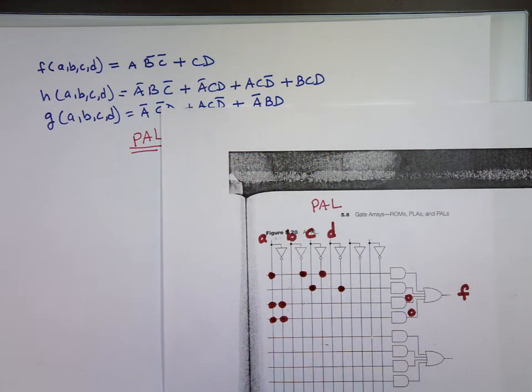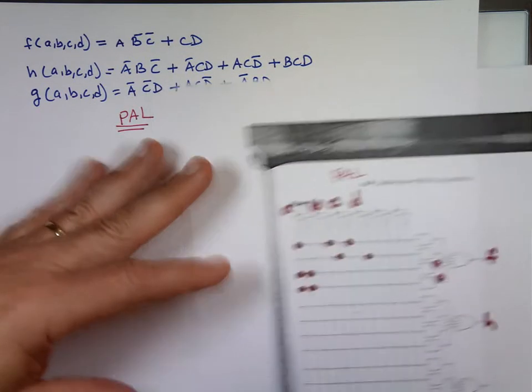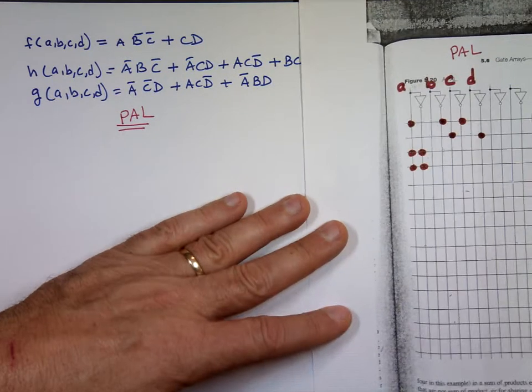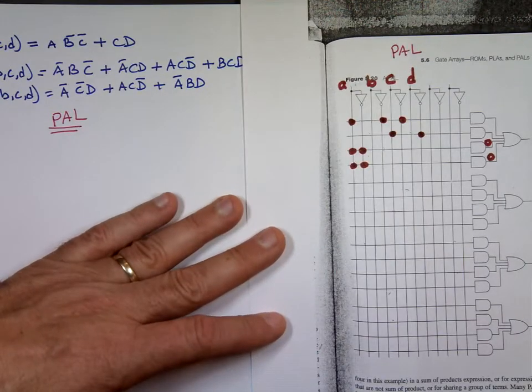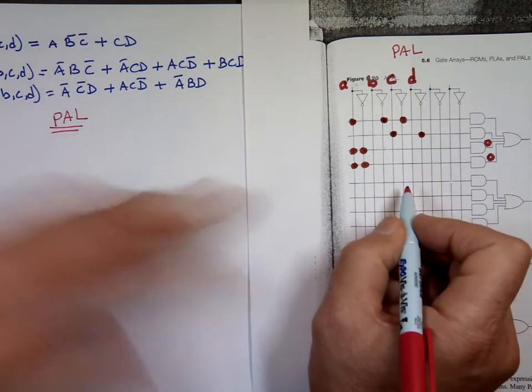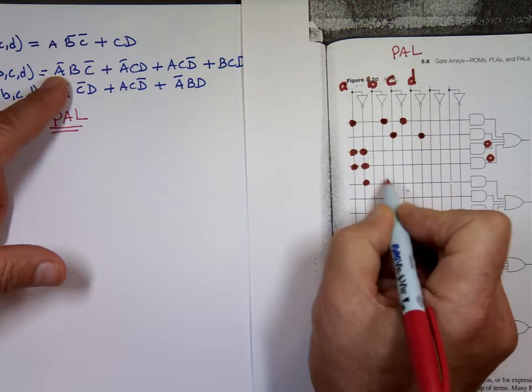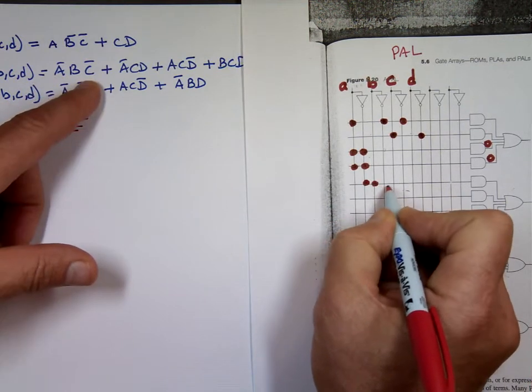Okay. Now, the H1, can you see it? I'll push it a little bit there. Yeah. It has 4 gates. The first one, A naught, B, and C naught.